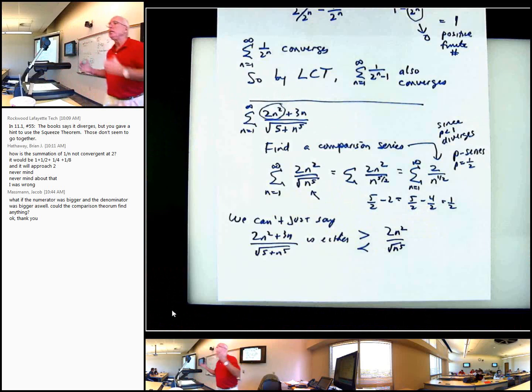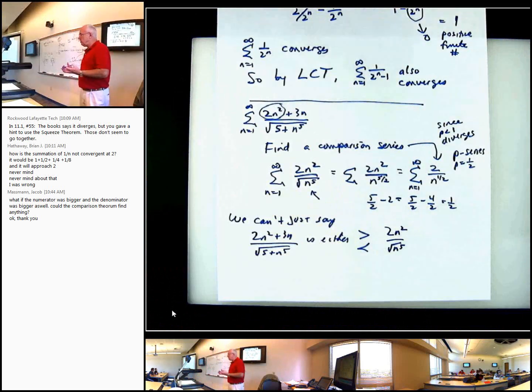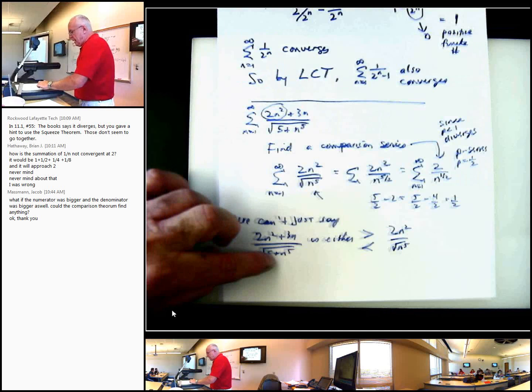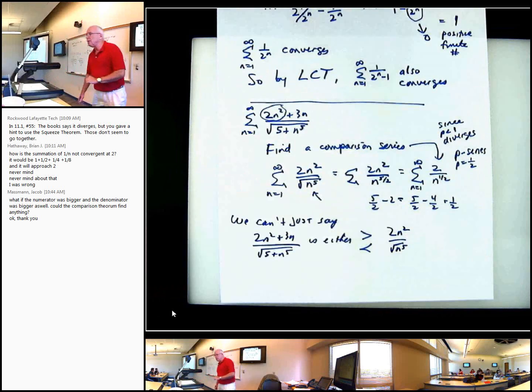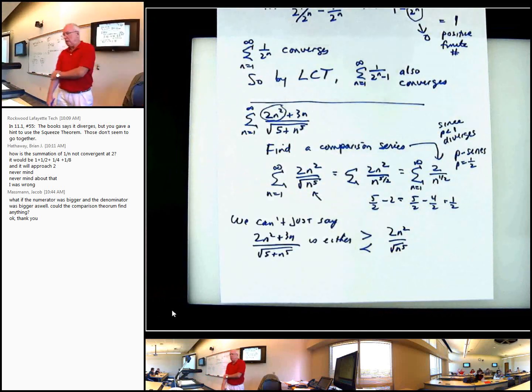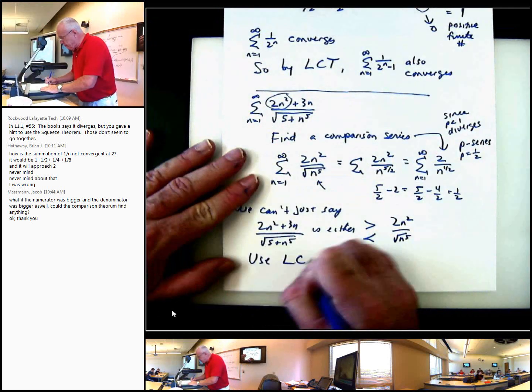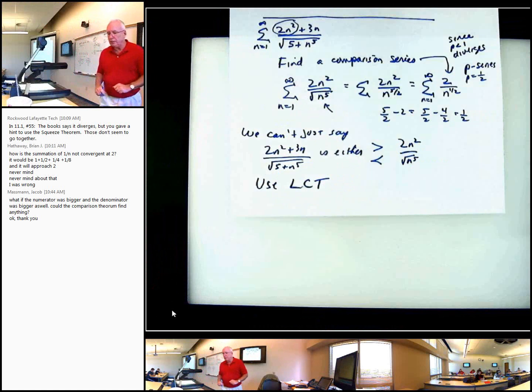We can't reach any conclusion about that, because we have a plus on top and a plus on the bottom also. So we're going to use the limit comparison test, and we hopefully will have luck with that.